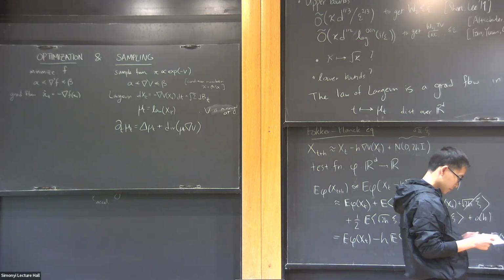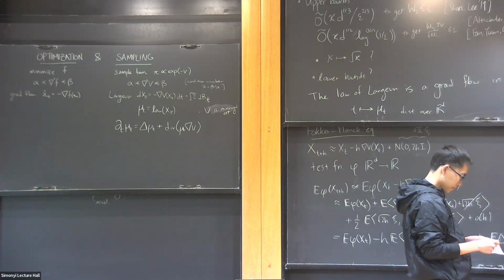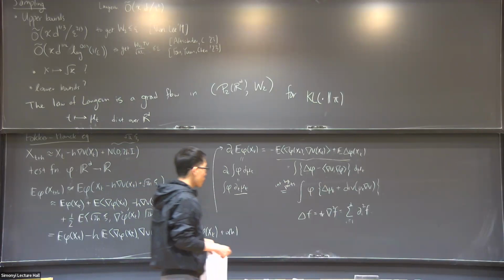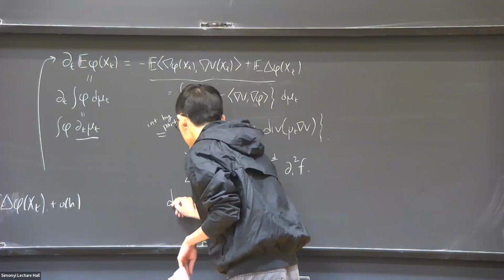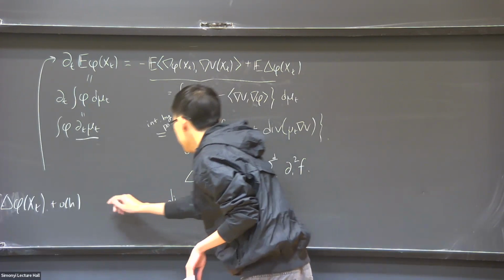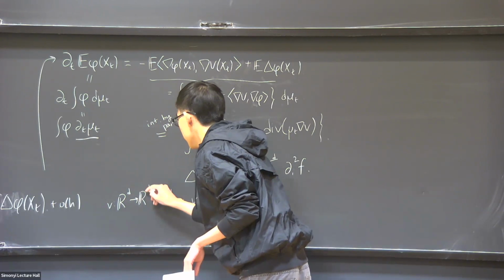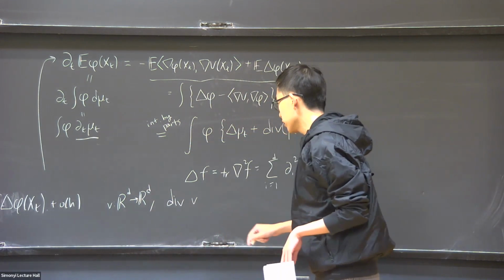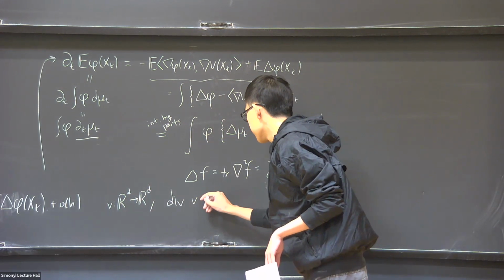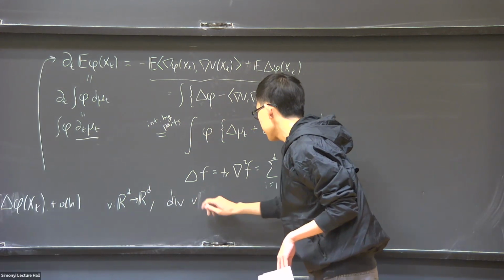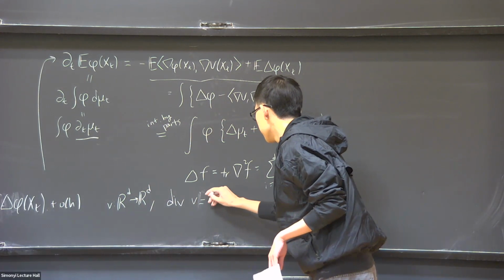The definition of divergence. So the divergence of a vector field V, where V assigns to every point in R^d another vector, that's the vector field. The divergence of V is just the sum.